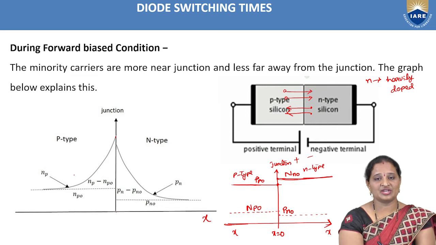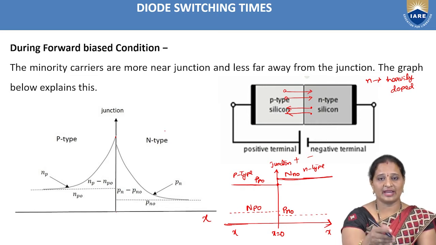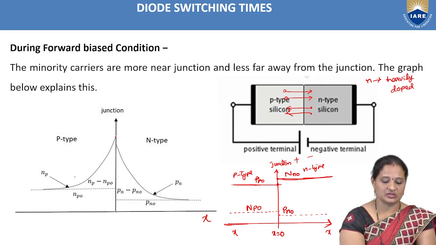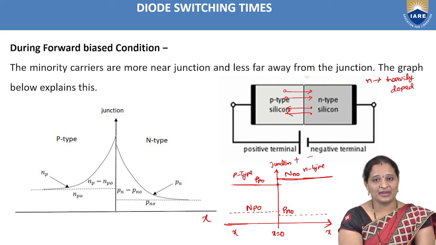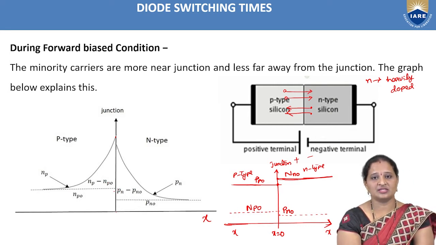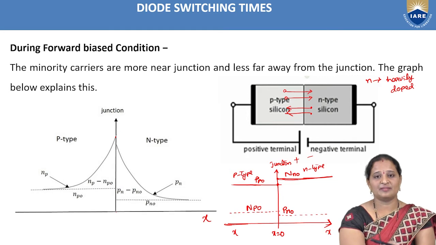As the electrons have entered from n-type to p-type, the electrons become minority charge carriers in the p-type material. That is represented with Np. Here, for the excess minority charge carrier concentration, we already have Np naught minority carriers in the p-type material, and now due to the forward biasing applied, there is some injection of minority charge carriers, represented with Np.